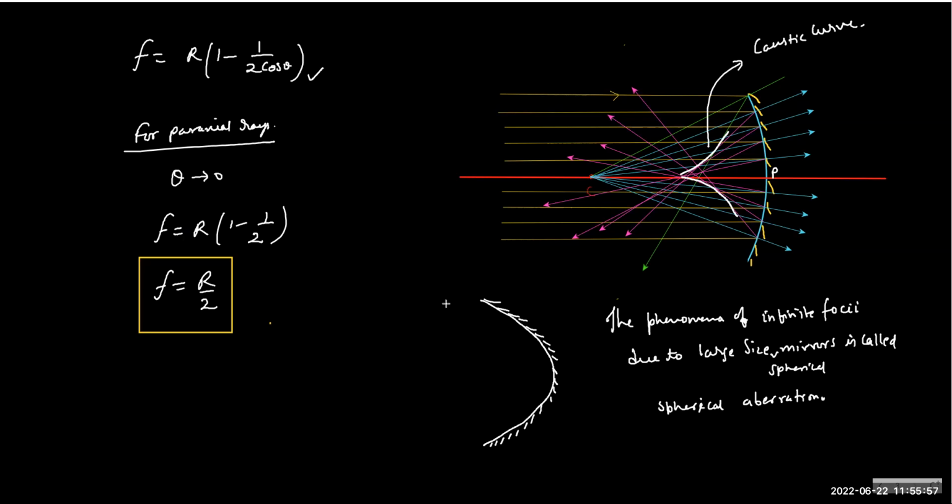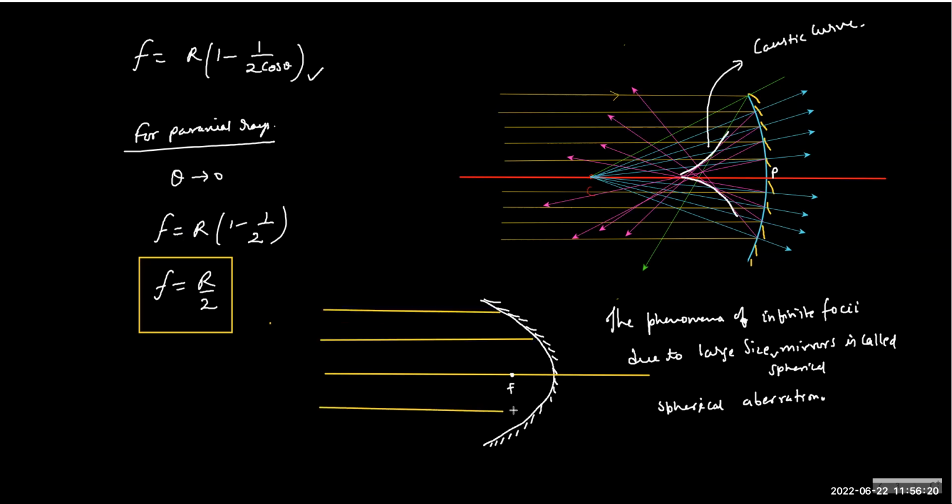Because in the case of a parabola, there are two foci, one near and the other at infinity. So any ray coming from infinity, no matter where it is hitting, whether it's marginal or paraxial, will be focused, because infinity is the other focus.